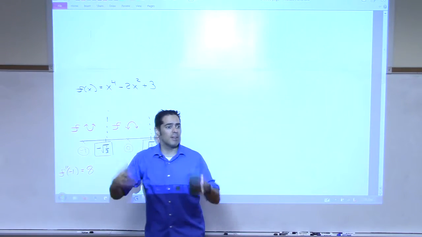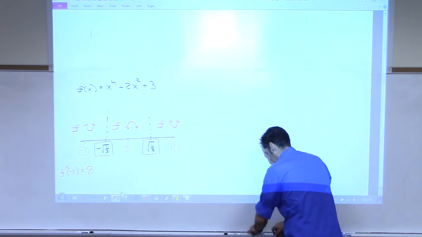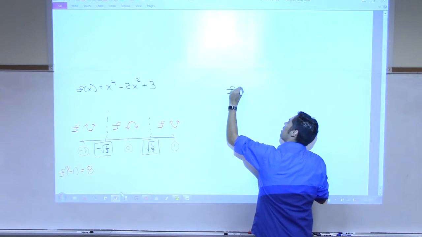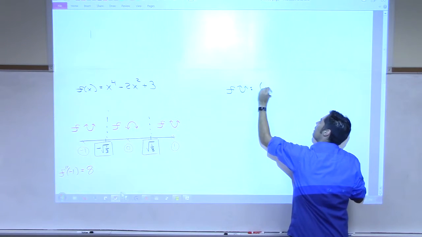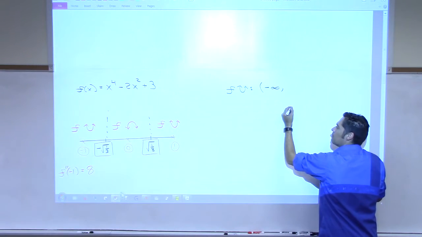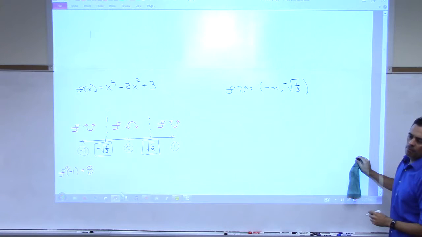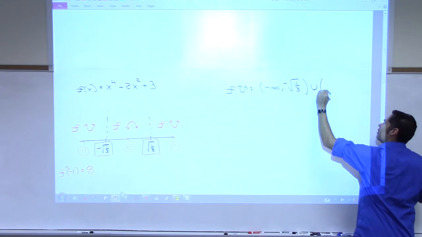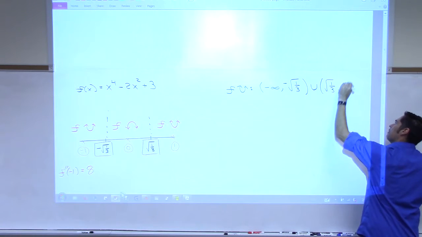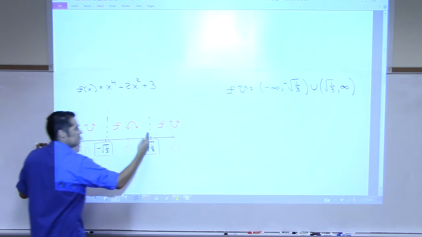So where's it concave up? f is concave up on the interval negative infinity to negative root 1/3, union root 1/3 to infinity. So that's where it's up. Here to the left, here to the right.